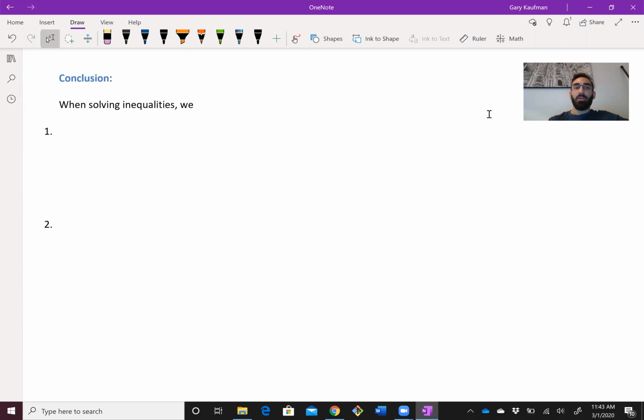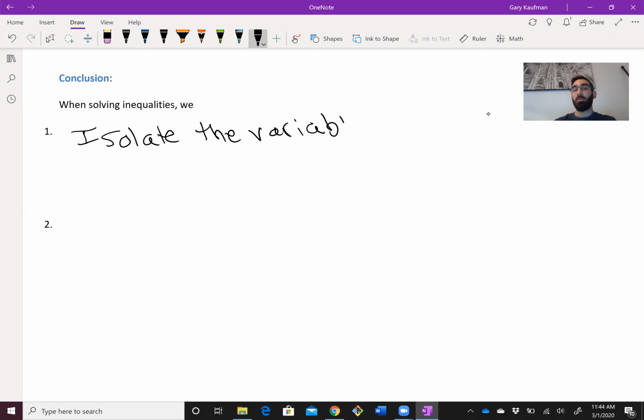So in conclusion, this is what we do when solving inequalities. We isolate the variable, which is what we're familiar with.